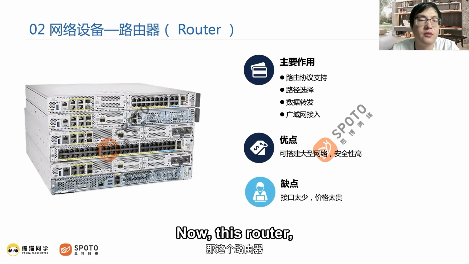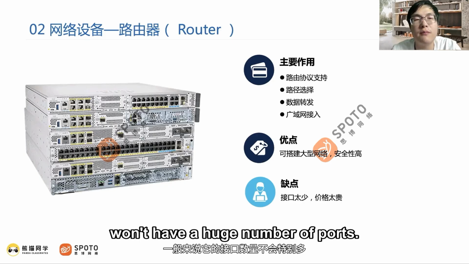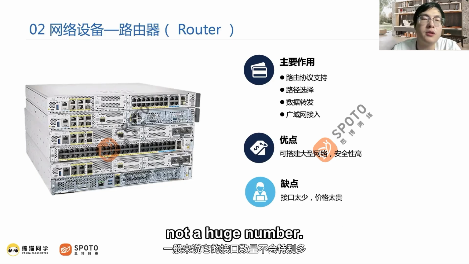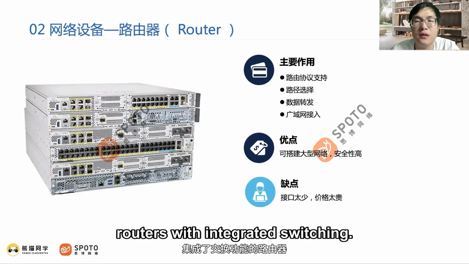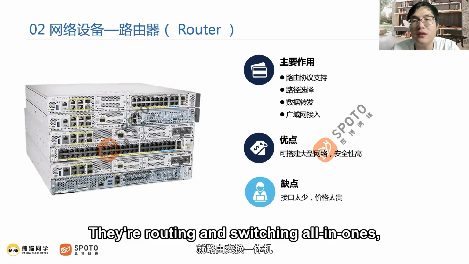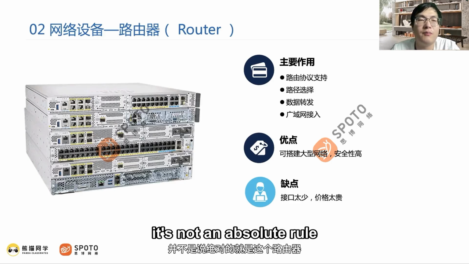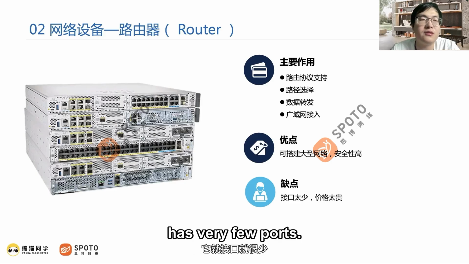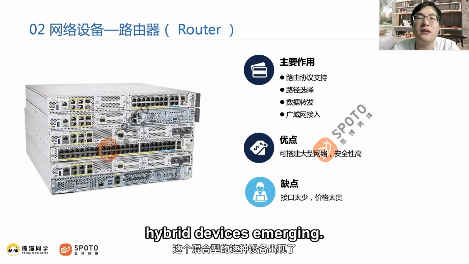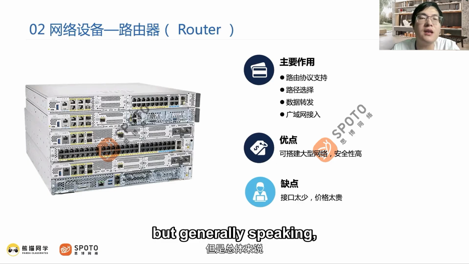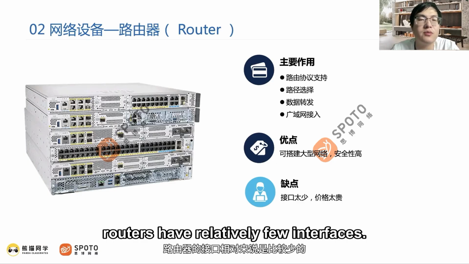Now, this router won't have a huge number of ports. Of course, the market does offer some routers with integrated switching, routing and switching all-in-ones. It's not absolute that a router has very few ports. Now there are also hybrid devices emerging. But generally speaking, routers have relatively few interfaces.